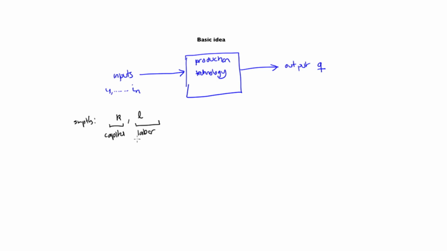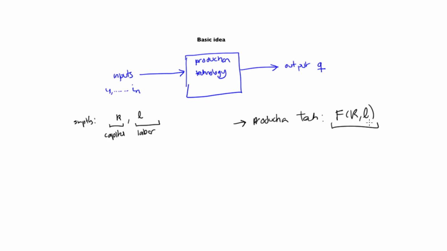You should think about labor as basically the amount of workers, and capital as the amount of machines measured in some machine unit. So we're going to have a production technology that takes a certain amount of capital, a certain amount of labor, and kicks out an output. We're going to denote the general production technology by a function f of K, L that tells you, for any amount of K and any amount of L, what's the amount of Q that gets produced.